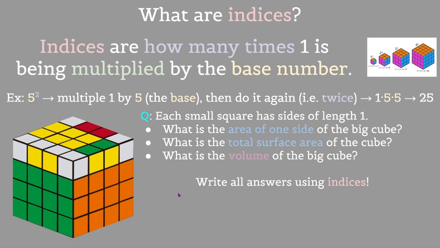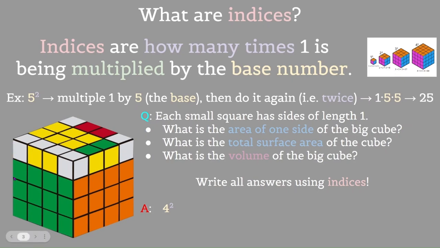Okay, let's talk about the answers. For our first question, what is the area of one side of the big cube? How do we find area or surface area in this case? Does anybody remember that formula? So here's the answer: 4 with an indice of 2. Why is that? Each side length is 4.